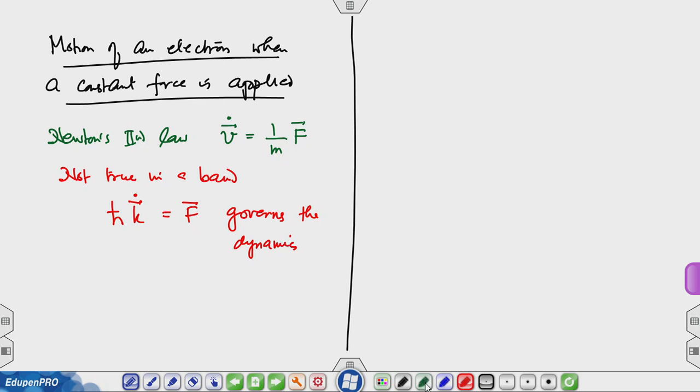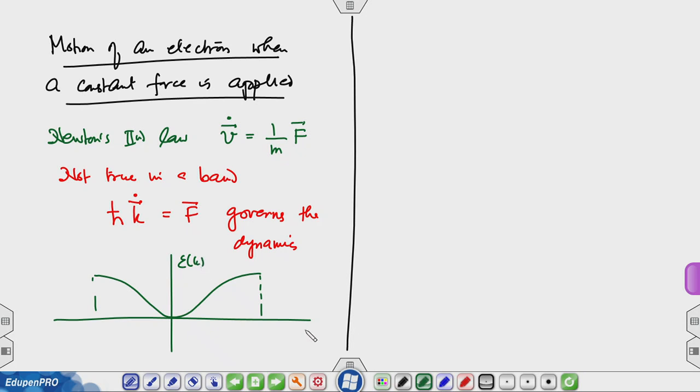And therefore, if I were to take an electron, say in this band, and apply a force in this direction, let us say this is the force, and let us say initially the electron is at k equals 0. So, let us say k at t equals 0 is 0.